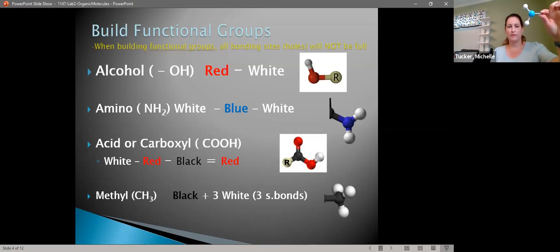Okay. So amino groups are very important in amino acids because every single amino acid has an amino group. It will also have a carboxyl group. So if you are taking notes, you need to write down that every amino acid has an amino group and a carboxyl group.